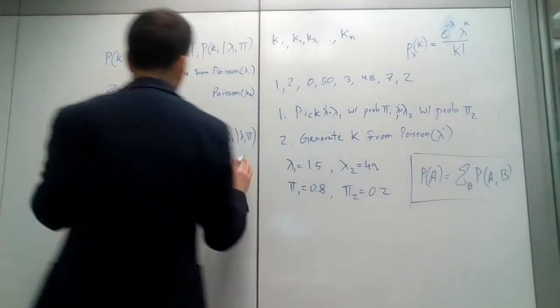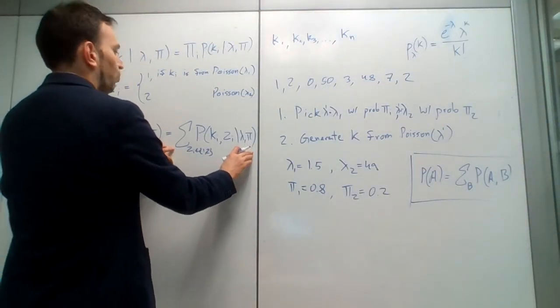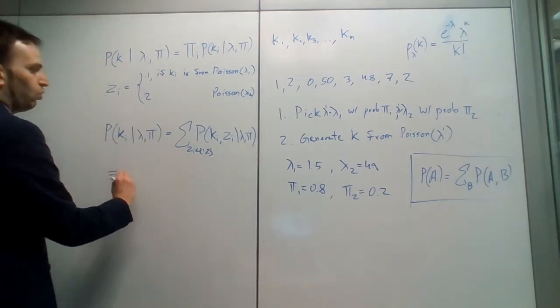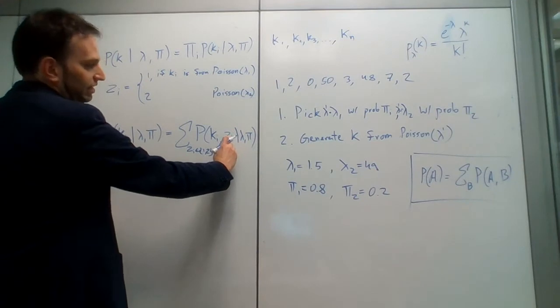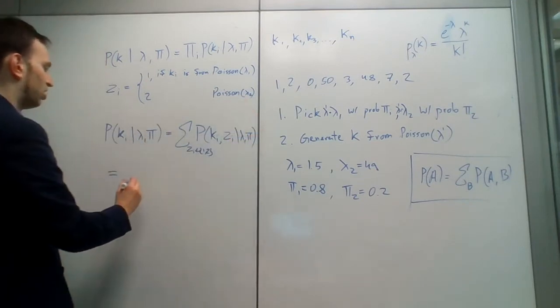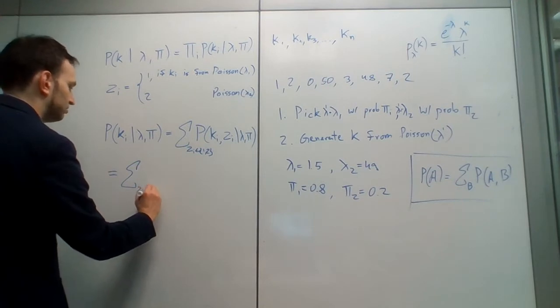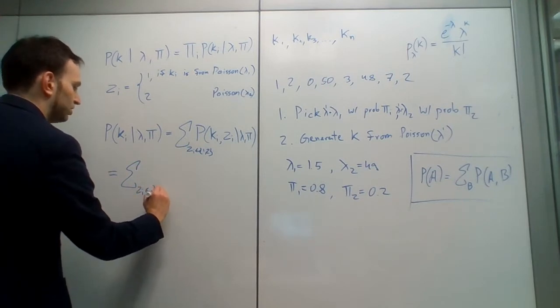So alright, now that we've said this, why does this help? Well, this helps because now we get to condition on that zi and then multiply back by its probability. So that's going to be, again, the sum over zi of 1, 2.